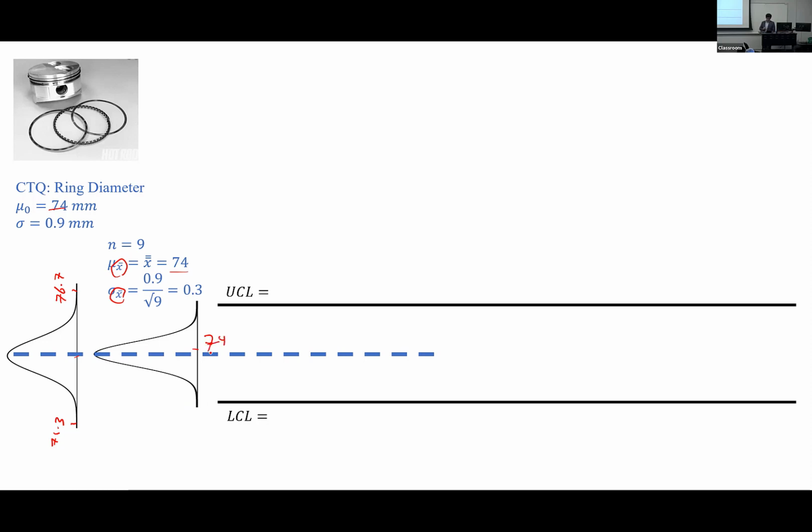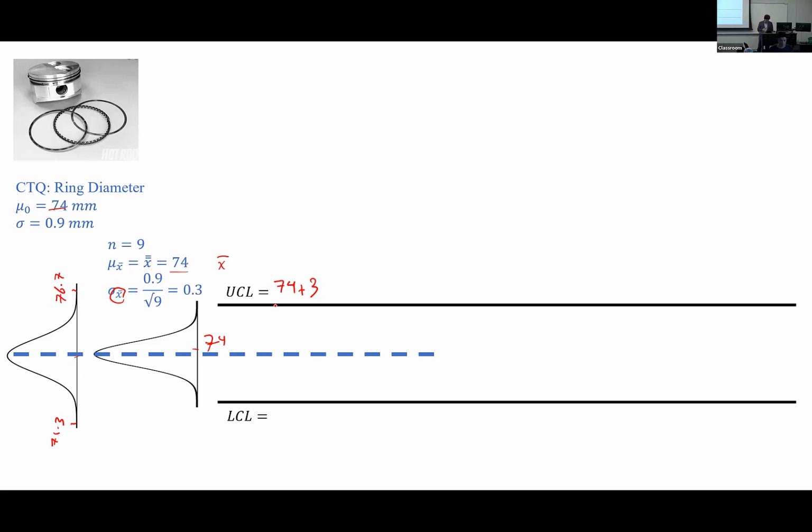What is the upper control limit for the X bar chart? This is an X bar chart. Average of X bar, which is X double bar, or mean of X bar, which is 74, plus 3, could be something else, but we commonly use 3, plus 3 times sigma of that statistic, which is X bar.